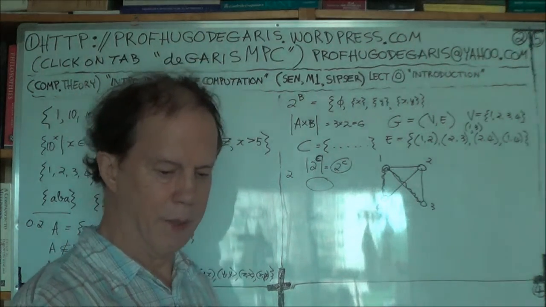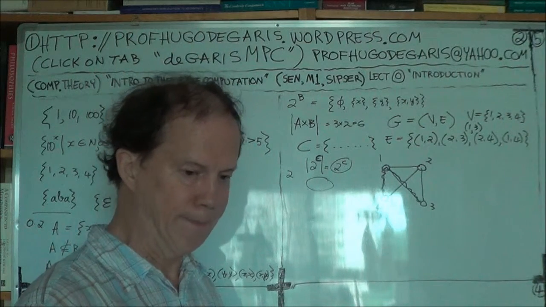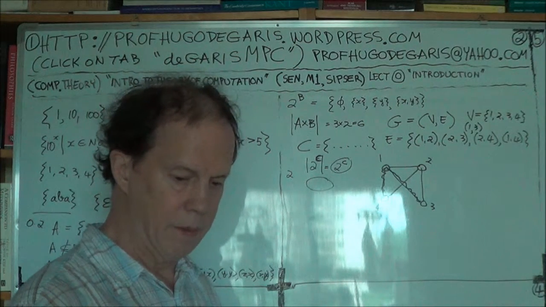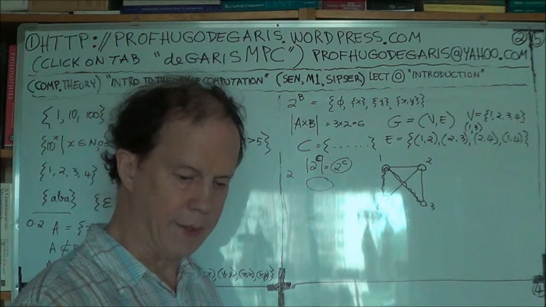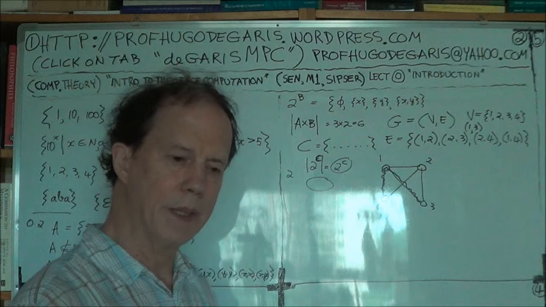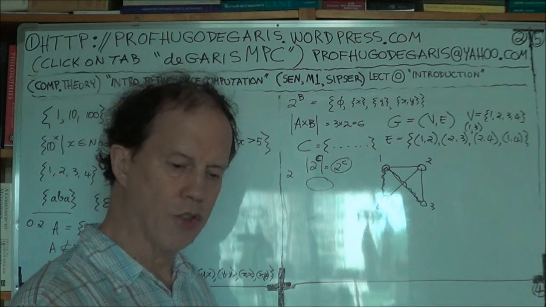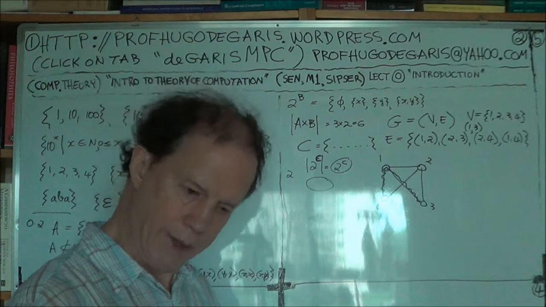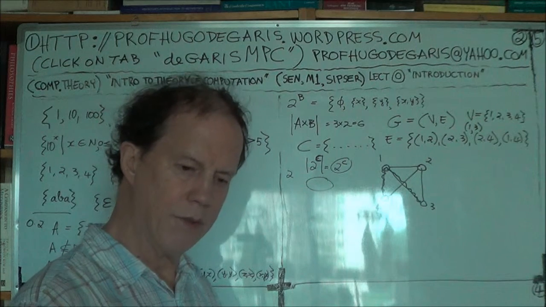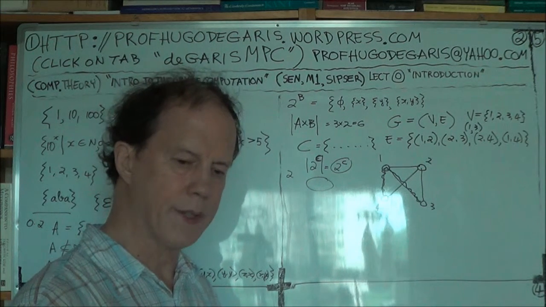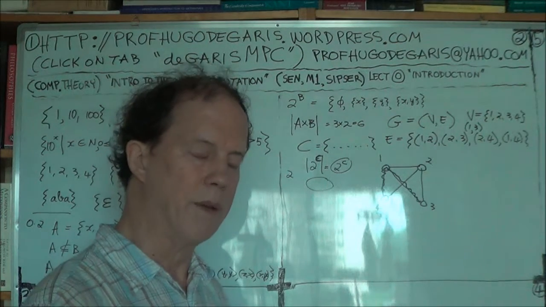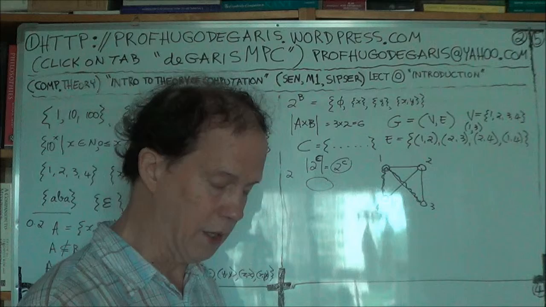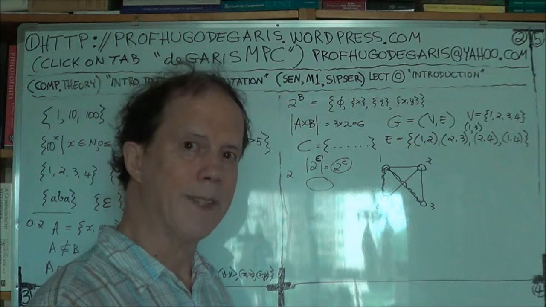Another approach is by induction. So you assume that it's true for all graphs of size little n, let's say, and then you would try to prove that if that's true, then it's also true for all graphs of size n plus 1. That might be an approach you might take. And now that's the inductive step.